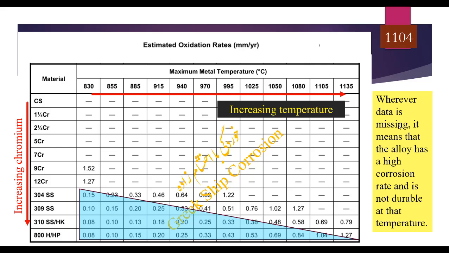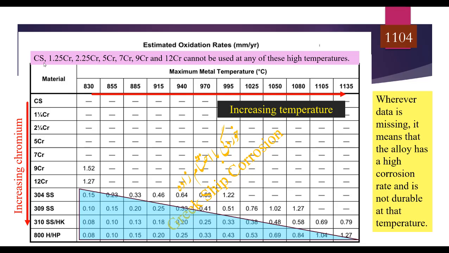Wherever data is missing, like here, here, it means that the alloy has a high corrosion rate and is not durable at that temperature. Carbon steel, 1¼ chromium, 2¼ chromium, 5 chromium, 7 chromium, 9 chromium, and 12 chromium cannot be used at any of these high temperatures.